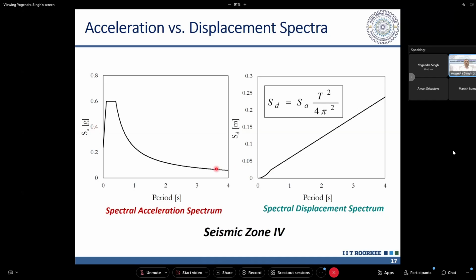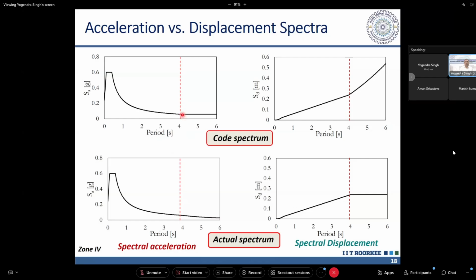Then we will have a parabola, and then this 1 upon T will become linear. So it will go on increasing linearly till the velocity control range ends at 4 seconds. Now what will happen after that? After that, our code has assumed the response spectrum to be constant, and when I multiply it by T square, it becomes parabolic.